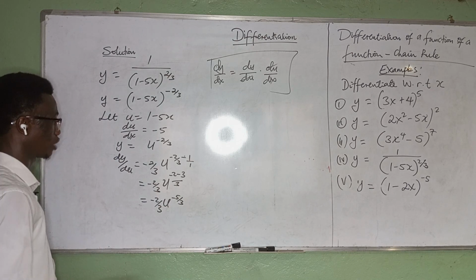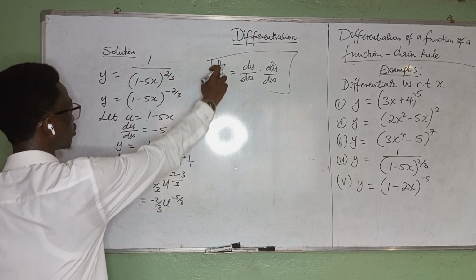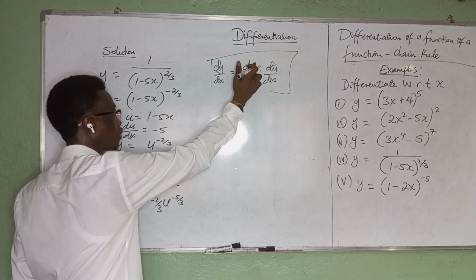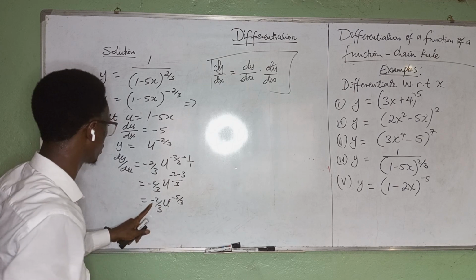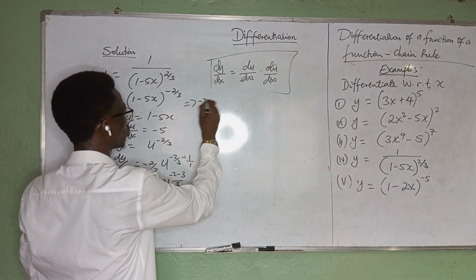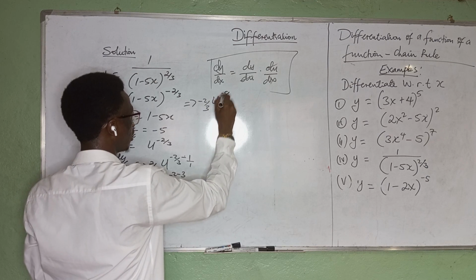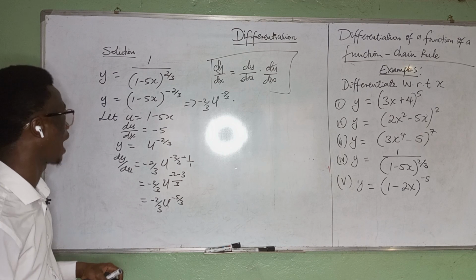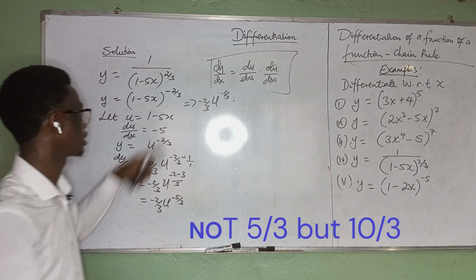Now you apply the formula. According to the formula, dy by dx equals dy by du multiplied by du by dx. My dy by du is minus 2 over 3 u raised to the power minus 5 over 3, multiplied by du by dx, which is minus 5.